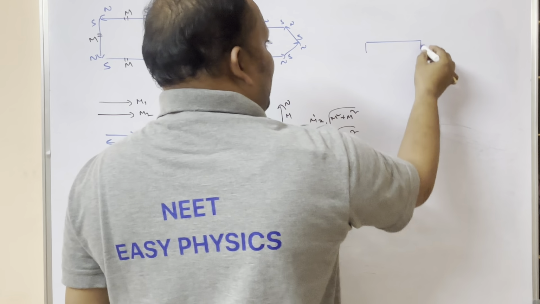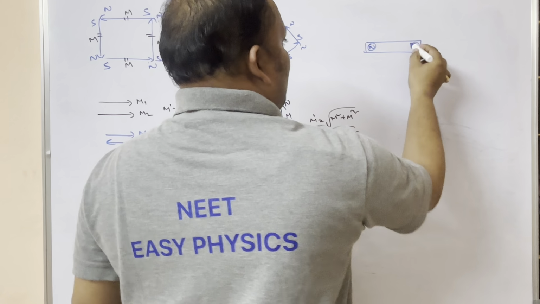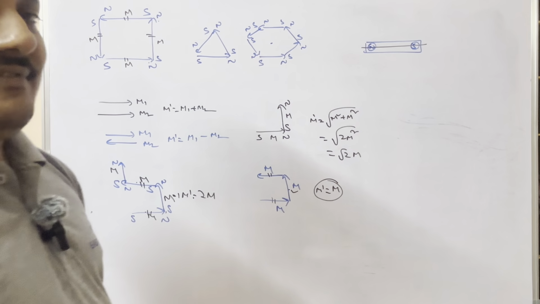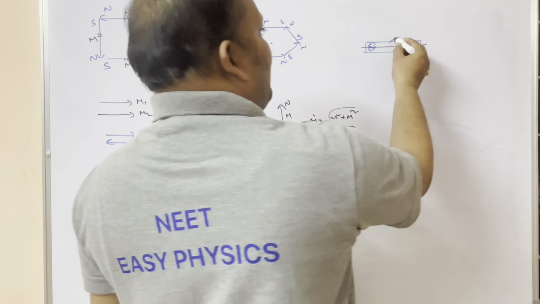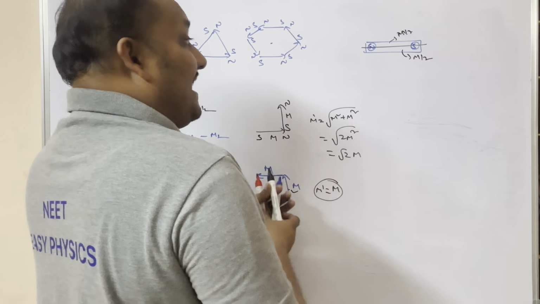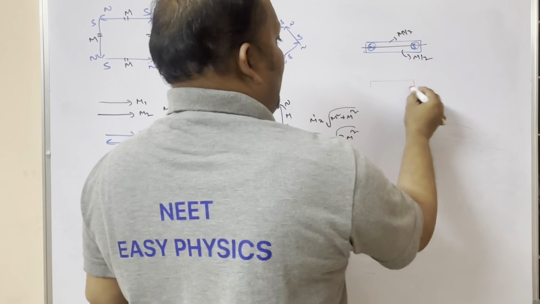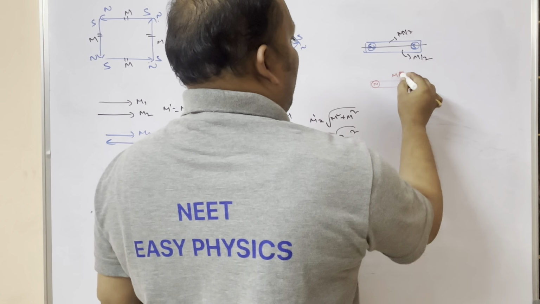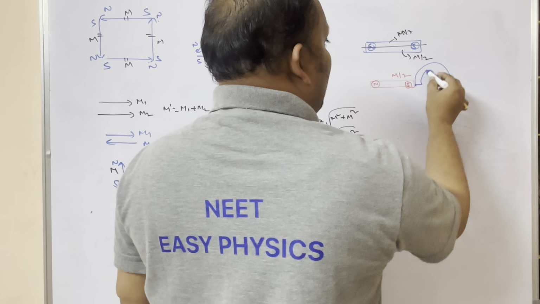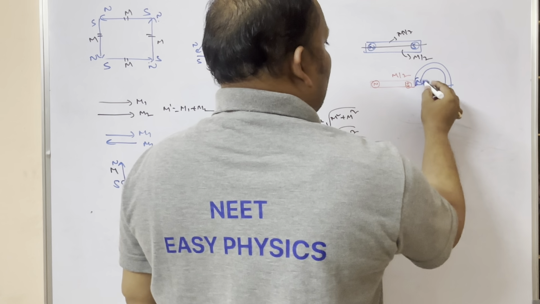Next, one magnet is there, with north pole and south pole. If this magnet is cut into two equal parts, then each magnetic moment is m by 2. Now they have arranged it like this: one m by 2 like this, and another m by 2 in the form of a semicircular arc.